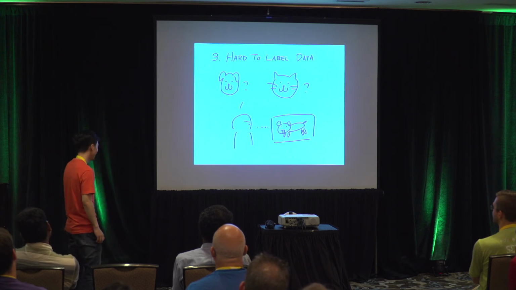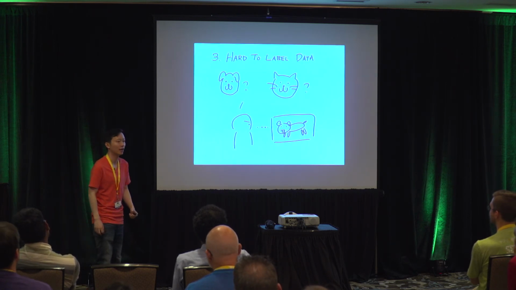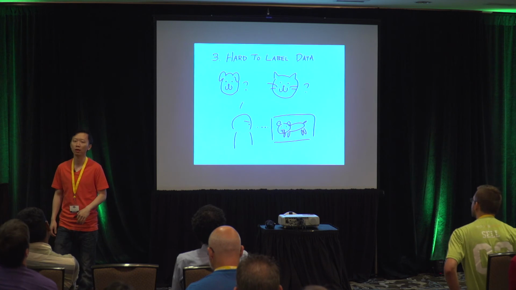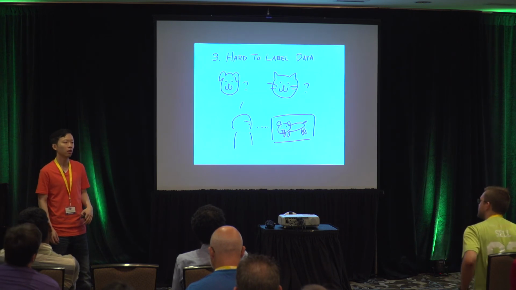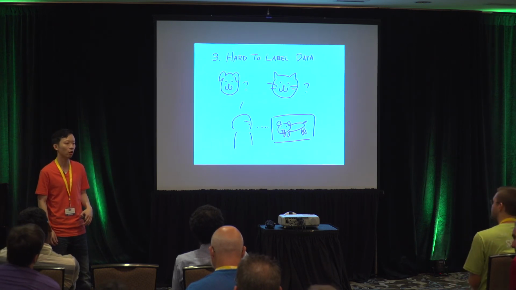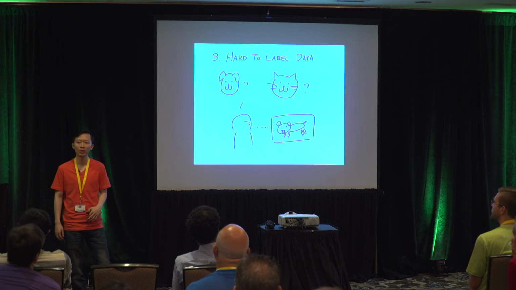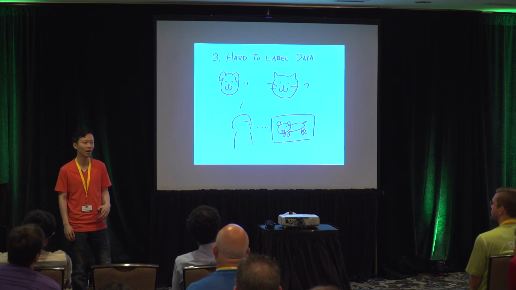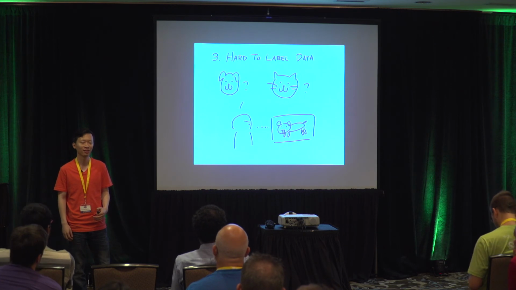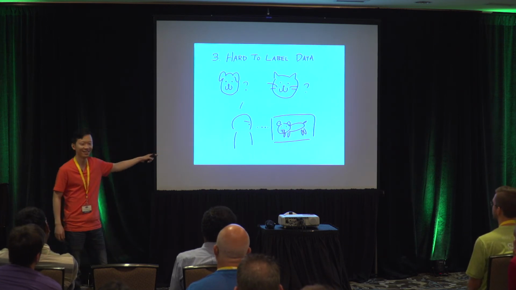The last thing I want to say, this is one thing I learned only two weeks ago, is that there is some data that is simply hard to label. If you do image classification tutorials, a lot of the time the first example will be how do you classify dogs from cats? Is that a dog or a cat?